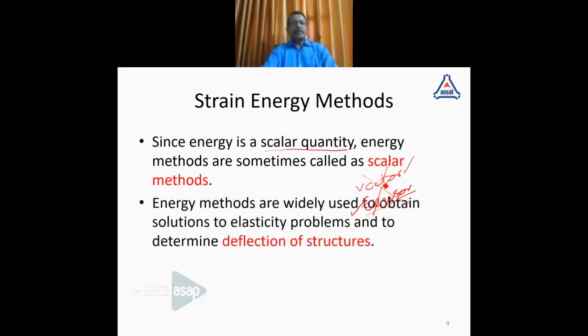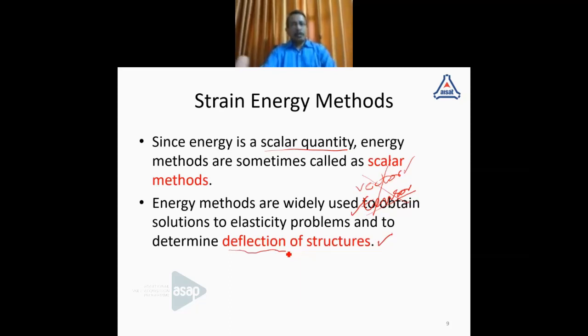And this method can be used in solving elasticity problems to determine mainly the deflection of structures. In your MOS class, you would have studied about different methods of determining deflections of structures. So based on different types of loading, different methods are there to determine the deflection.